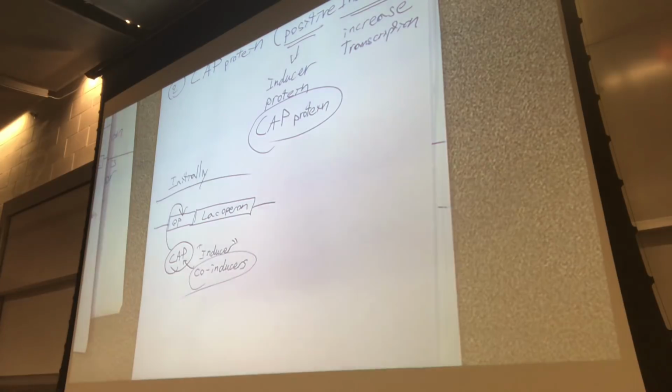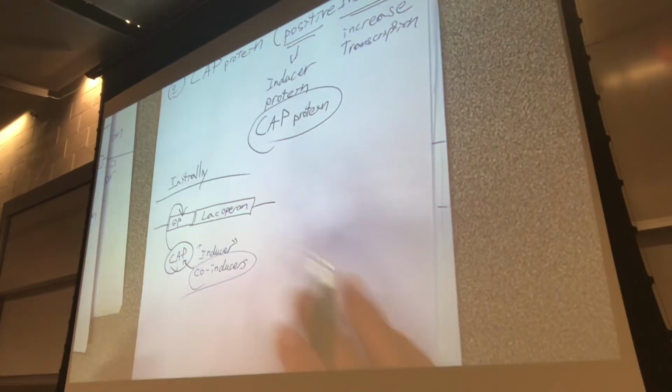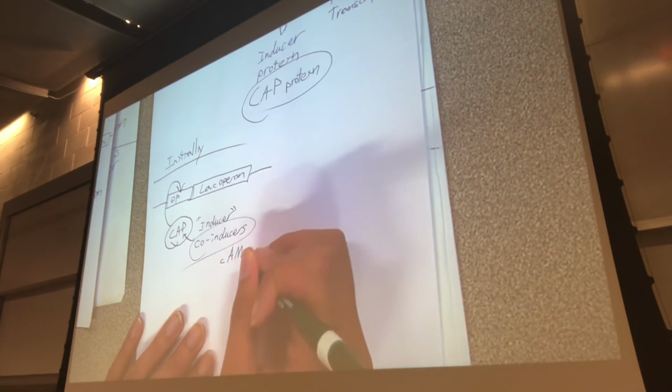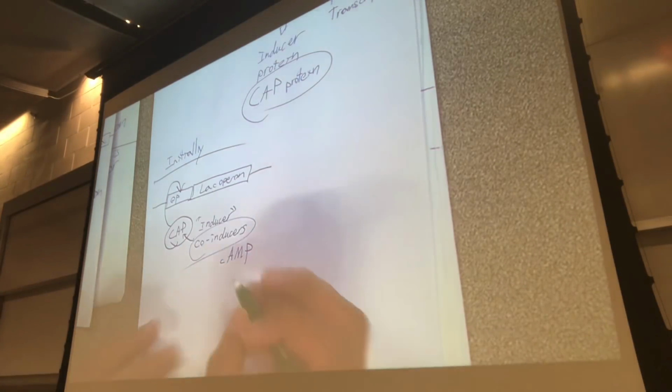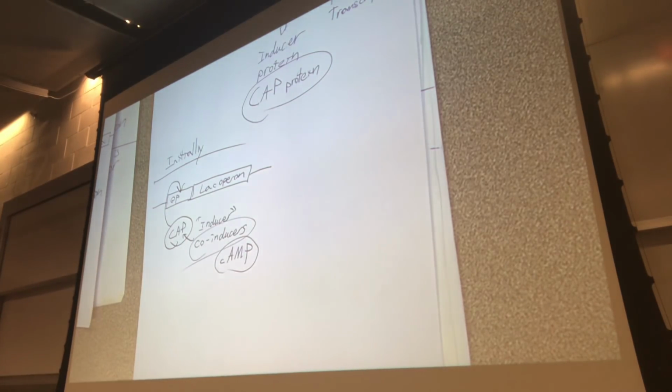Step 1, what were the co-inducers? Lactose or allolactose, right? Or anything that kind of looks like lactose. For step 2, we have different co-inducers for the cap protein. Those are cyclic AMP. I think it's the only one you need to know for this. So cyclic AMP are your co-inducers for the cap protein.